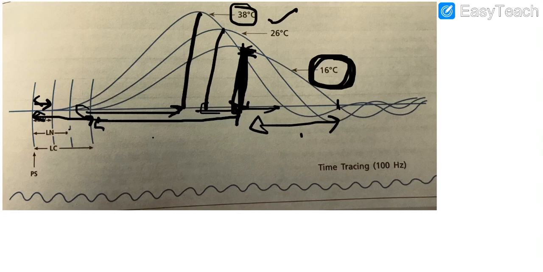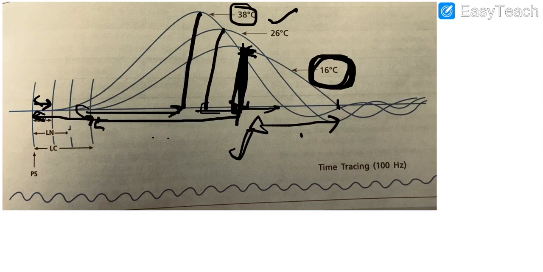And if we look at this point, this is the maximum height. If we draw the line this way, this is for the 26 and this is for the 38.